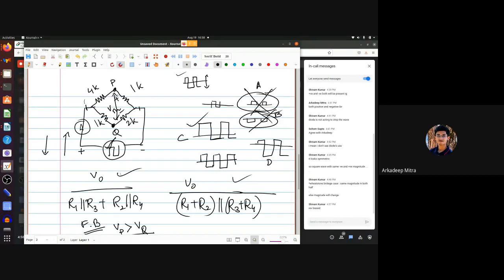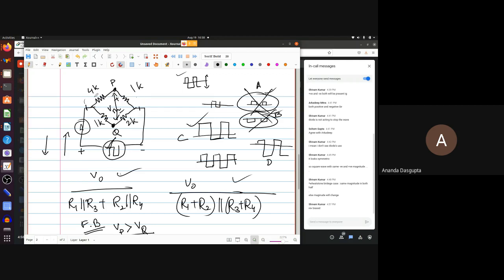Because the drop through 1K is less than the drop through 4K. Exactly. The only thing you have to worry about is the drop, right? Or you could make it easier for yourself by thinking of the 1K and the 2K. Here if you think in terms of 4K and 1K, you have to think of the fact that there is a bigger drop through 4K and a smaller drop through 1K. Not because this is 4, this is 1, but because this is 4 compared to this 1, this is 1 compared to this 2.